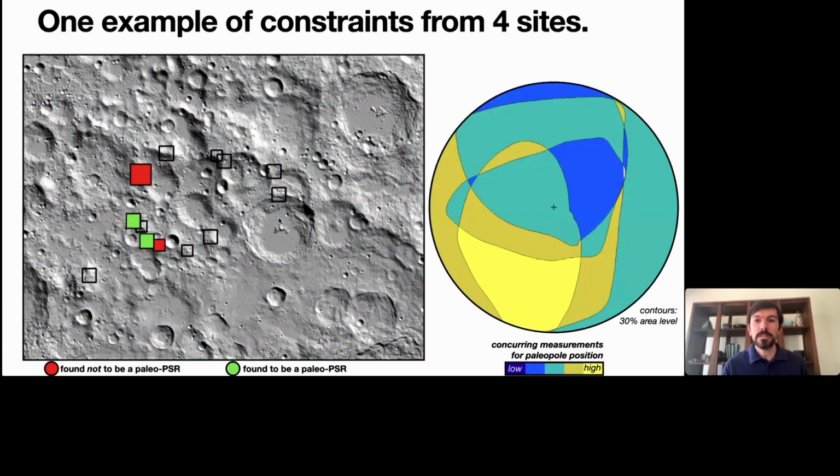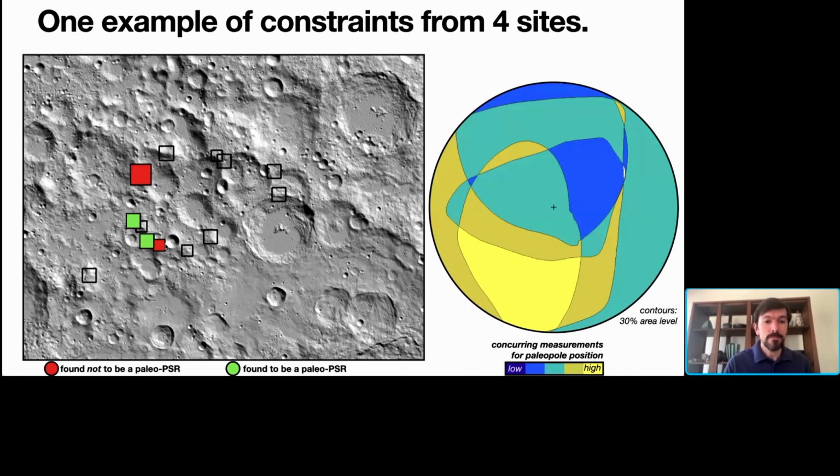So here, this is one example from 4 sites. So imagining that we have 4 Artemis missions, or it doesn't have to be exactly Artemis, but depending on the in situ measurement technique or sample return measurements that may have to be. Imagining, for example, that we find that the paleo PSR at the connecting ridge did not exist.